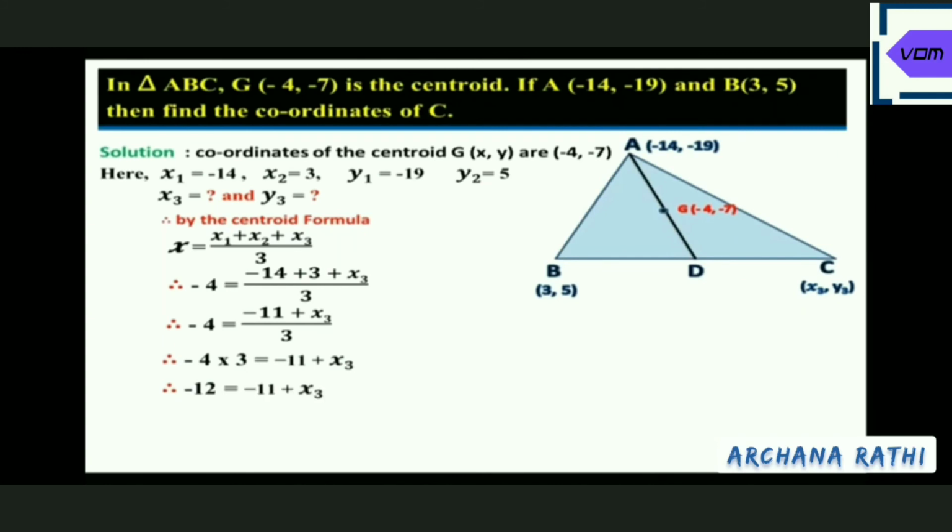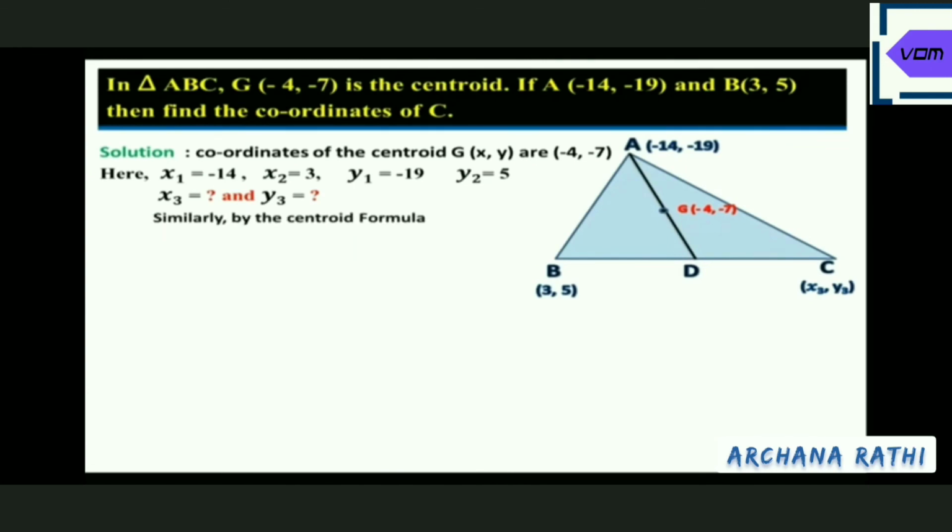The steps are properly given, so you can follow those steps. Therefore x3 is equal to -1. Therefore x coordinate of C is -1. Similarly by the centroid formula, for solving y, y is equal to (y1 plus y2 plus y3) upon 3. Now put the values. Therefore y is equal to -7, and y1 is -19 plus 5 plus y3 upon 3.